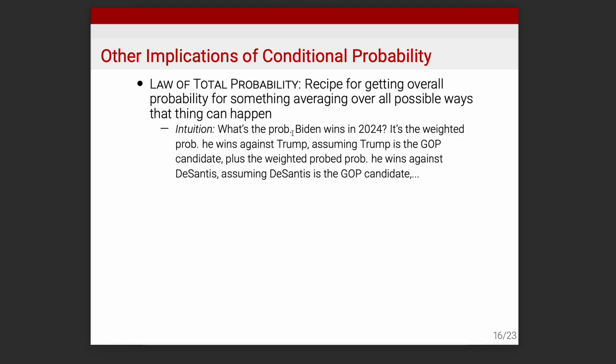So the overall probability that Biden wins is equal to the probability that he wins against each of the candidates that he could compete against, weighted by the probability that he competes against those candidates.